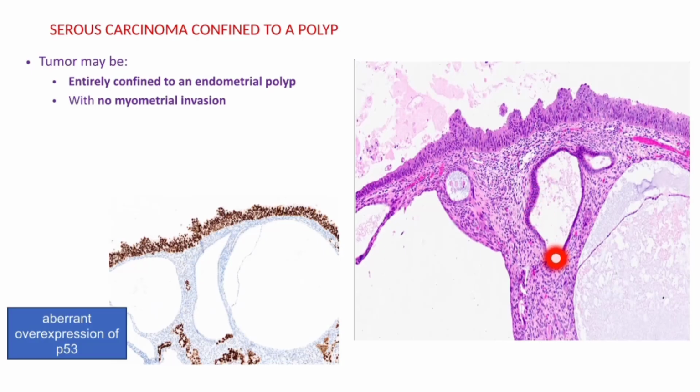cystically atrophied gland of polyp, multiple cystic atrophic glands, and this outer wall or its lining shows high grade feature of serous carcinoma, and it is confirmed by P53 overexpression.